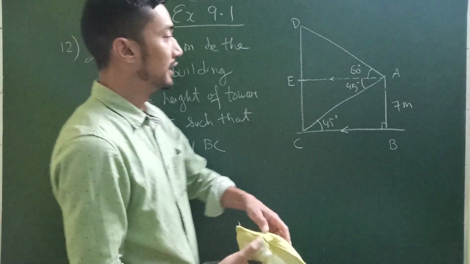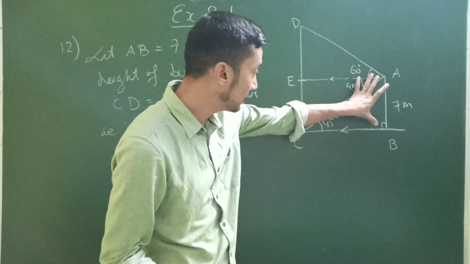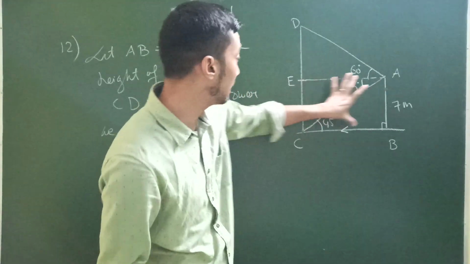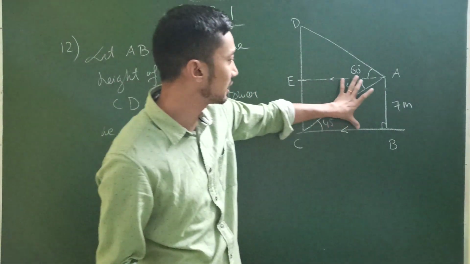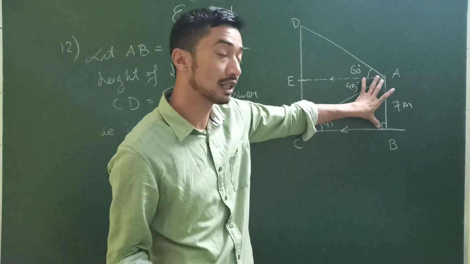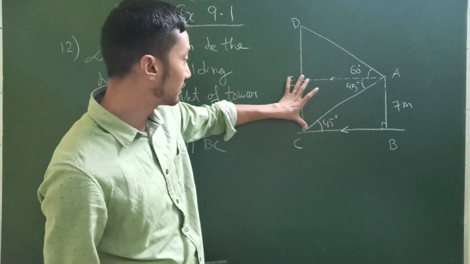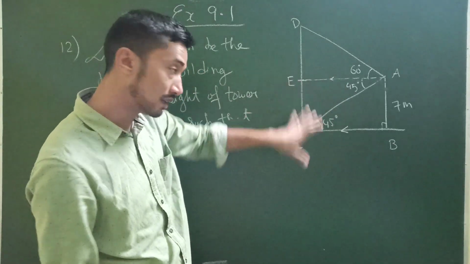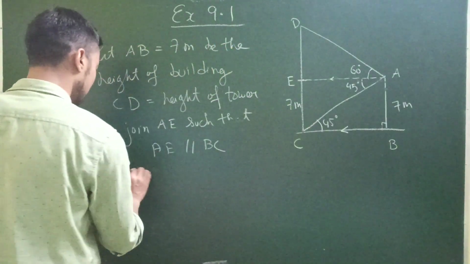I hope all of us understand the concept of parallel lines. If AE is parallel to BC, the length between these two lines will be constant. So if this is 7 meters, after it comes here, this also will be 7 meters.